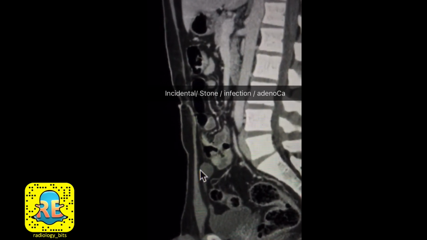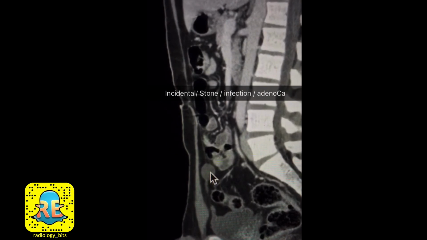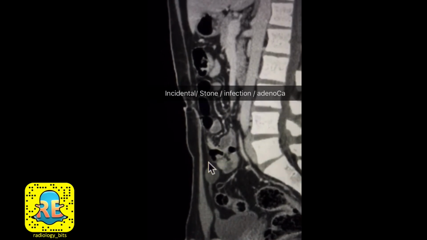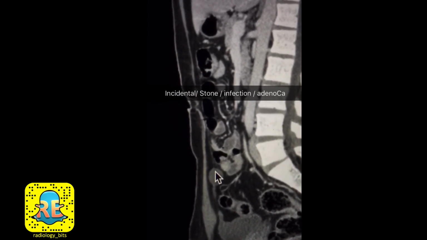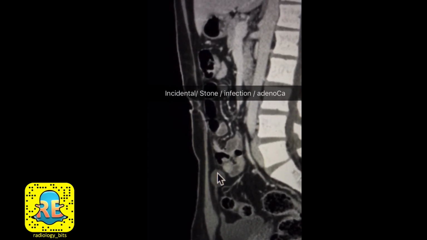Another potential presentation is related to stasis, where you have stone formation or recurrent infections. Finally, and rarely, the stasis may lead to irritation of the lining of these urachal remnants, and this results in metaplasia of the mucosa, and this may result in forming carcinoma.